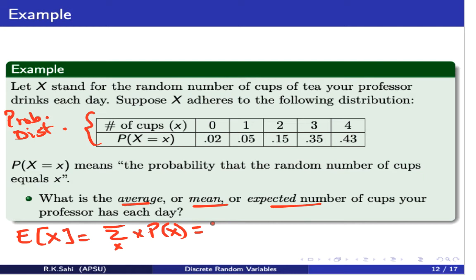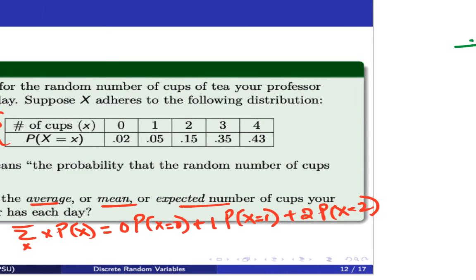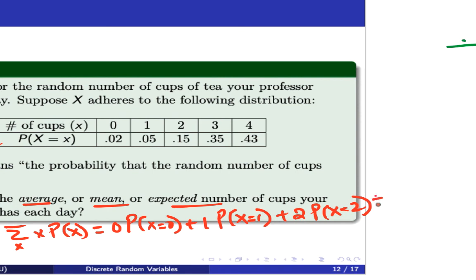Okay, this x can be 0, so probability x is 0. Plus this x can be 1, probability x is 1. Plus it can be 2, probability x is 2. Okay, let's go further here. Plus 3, probability x is 3.